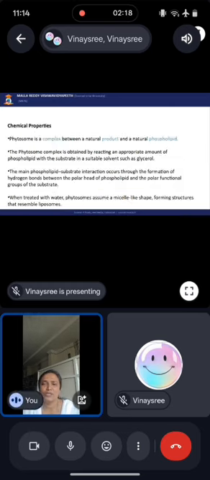So let us discuss the chemical properties of a phytosome. A phytosome is a complex between a natural product, that is the phytoconstituent, and a phospholipid, which is also a natural compound. The phytosome complex is obtained by reacting an appropriate amount of phospholipid with a substance in a suitable solvent. Here we can take a solvent such as glycerol.